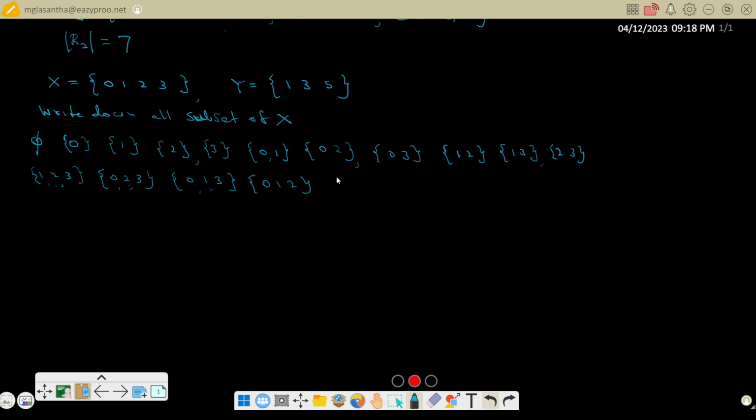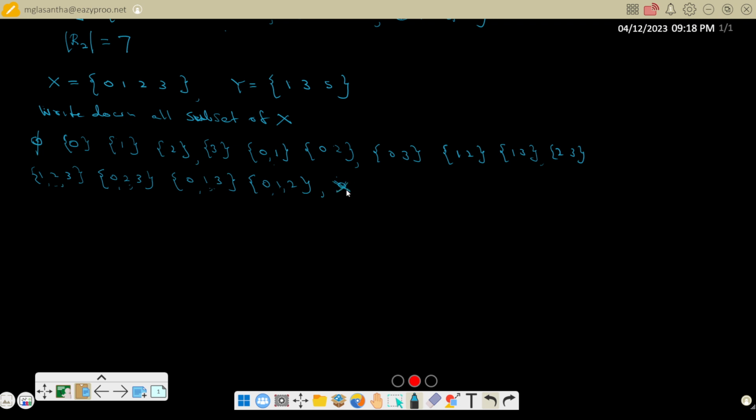Because all these elements belong to X. 0 belongs to X, 1 belongs to X, 2 belongs to X. Therefore, it's a subset of X. If you take the entire set X, is it a subset of X?